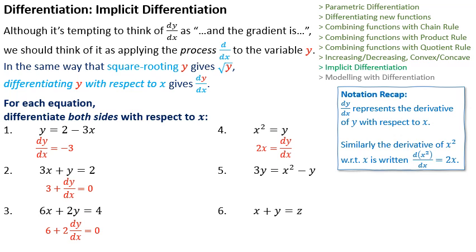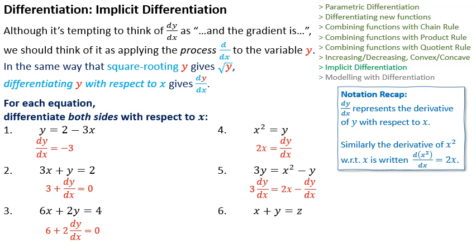On the right-hand side, we've got a similar thing. X squared equals y. Well, it's just been written in a different way round to what you might normally see, but we can differentiate x squared to get 2x. We can differentiate y to get dy by dx. For the next one, y appears in two different places deliberately. It would be perfectly possible in this case to rearrange a bit, add y to both sides, divide by 4, and then find dy by dx exclusively in terms of x.